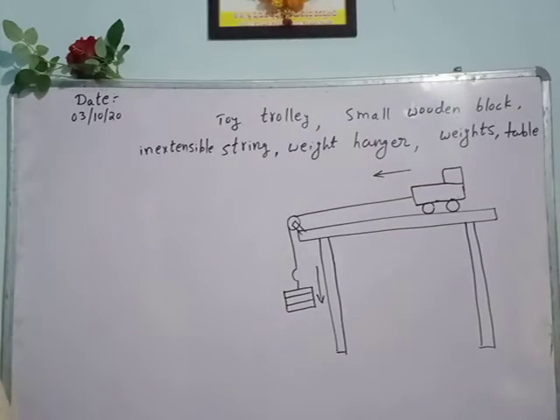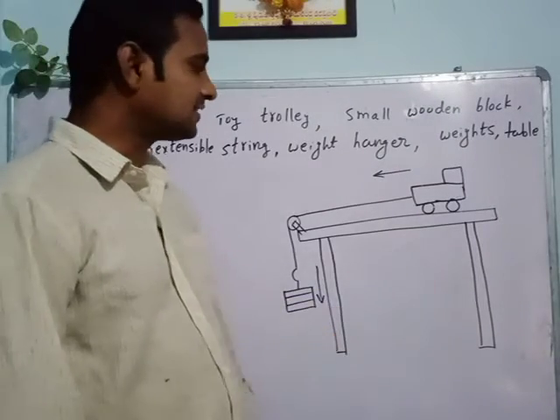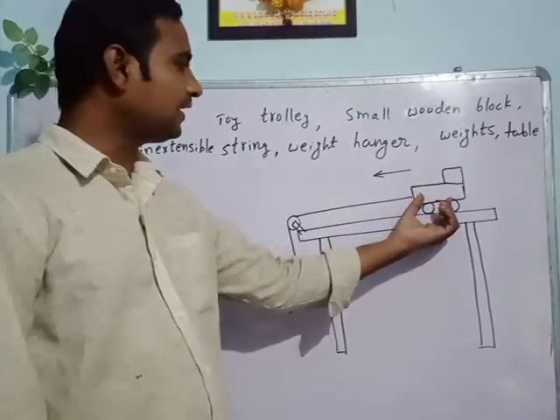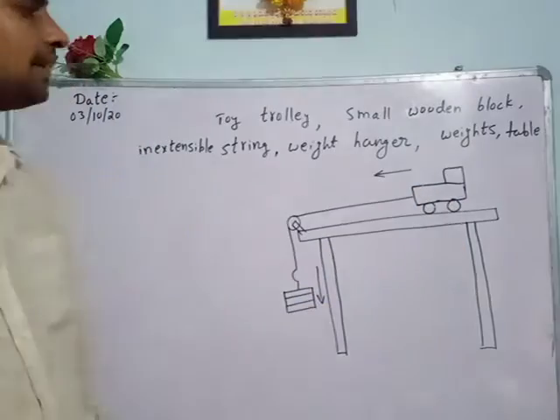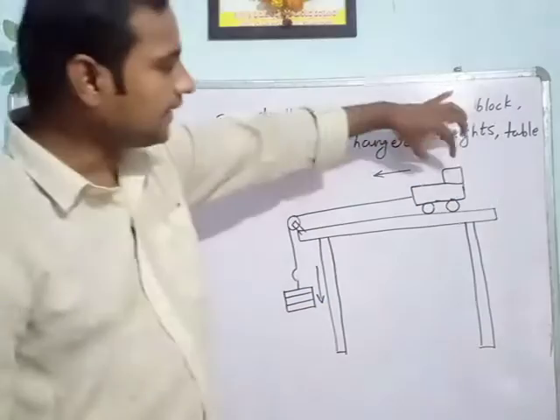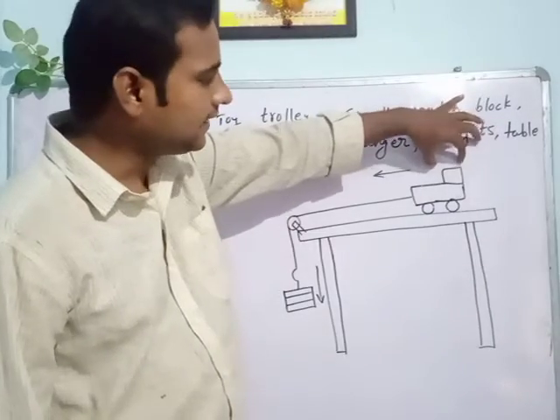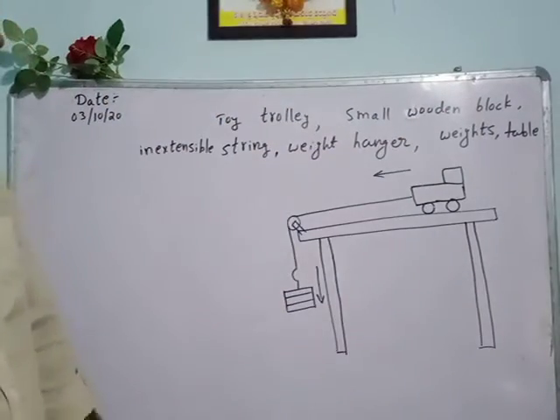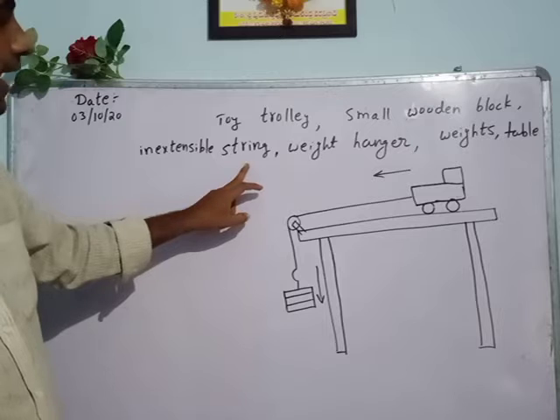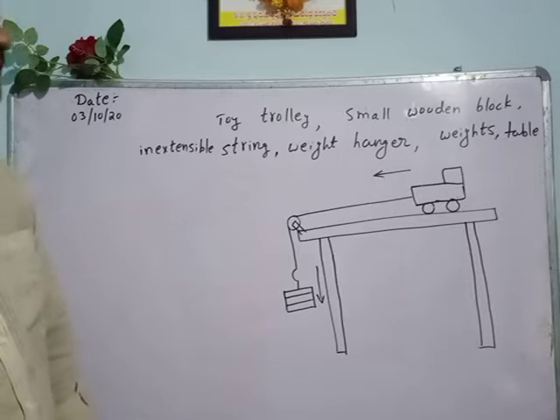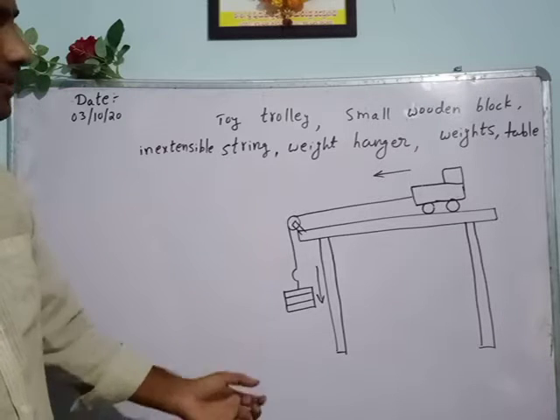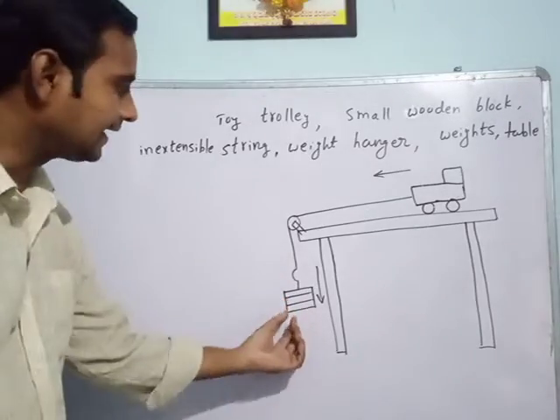First, take the toy trolley. Now keep the wooden block on the toy trolley. Now take a thread or string and add some weights, 100 grams or 50 grams, to the weight hanger.